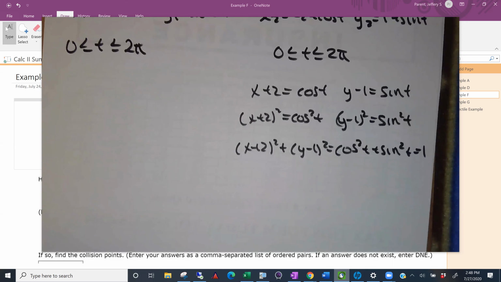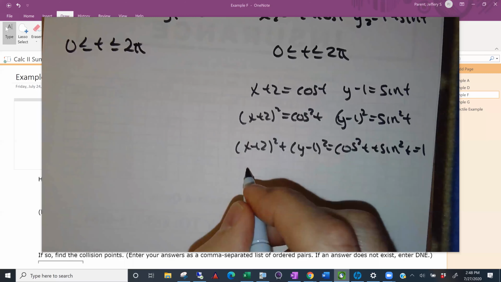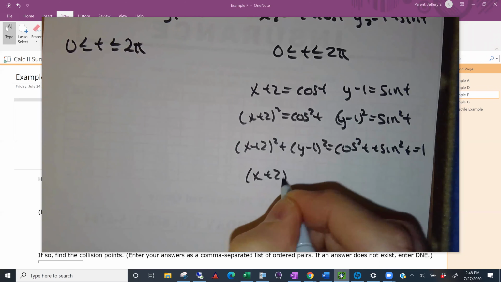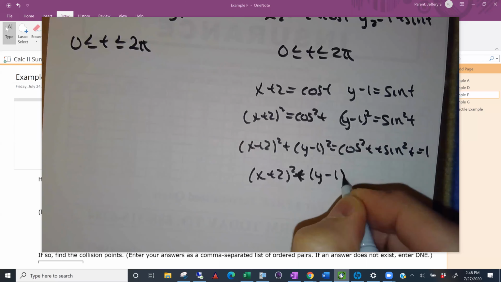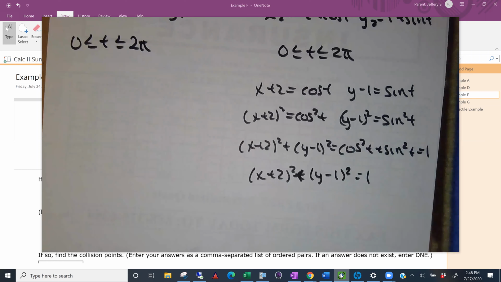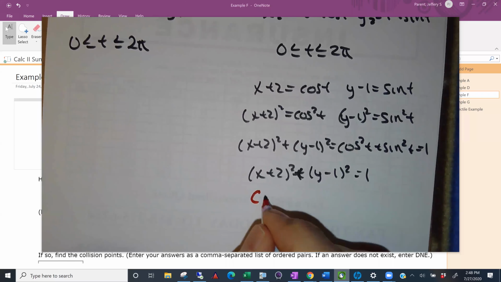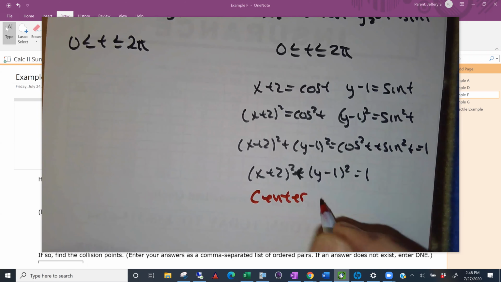So yay, I got rid of my parameter from the first one. And I get this, x plus 2 squared plus y minus 1 squared equals 1. What's the center of this circle?